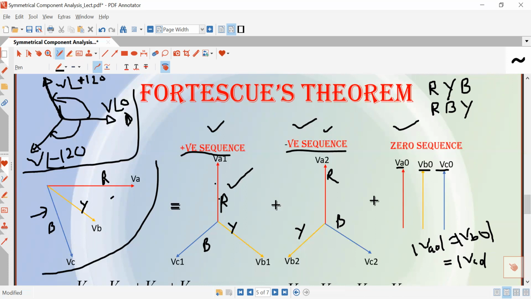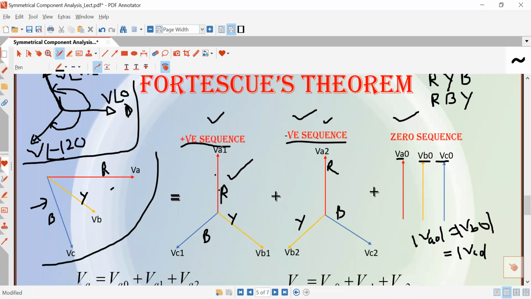It means if you add these three voltages in vector form, your result will be 0. Or you can say a balanced system means the length of these three vectors is the same, and the angle between the vectors is 120 degrees. Here also the length of these three vectors is the same, and the angle between the vectors is 120 degrees.